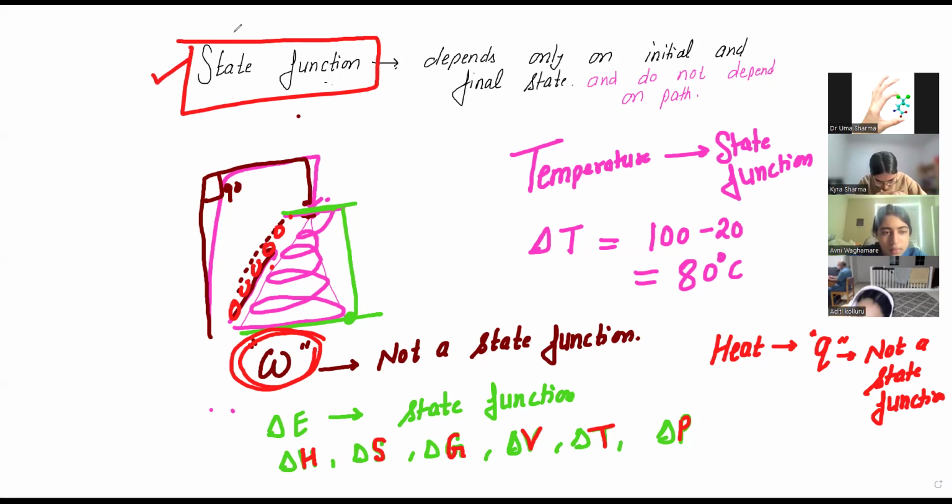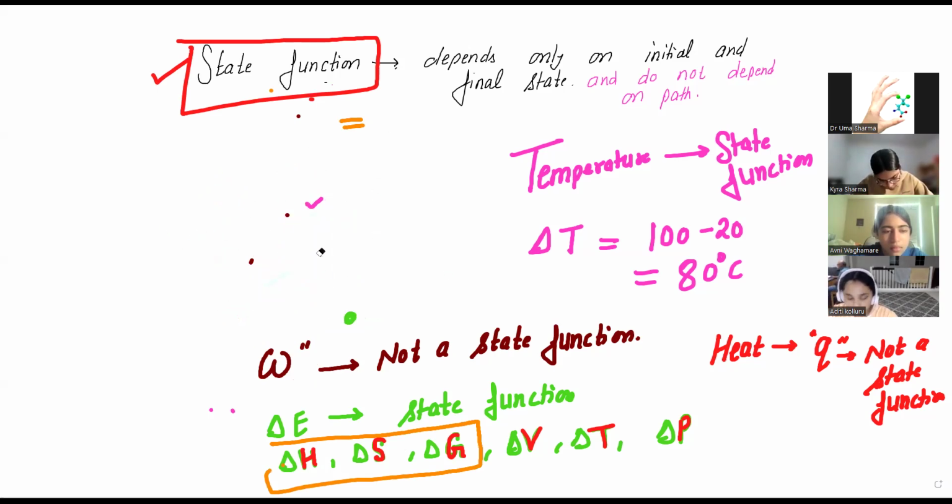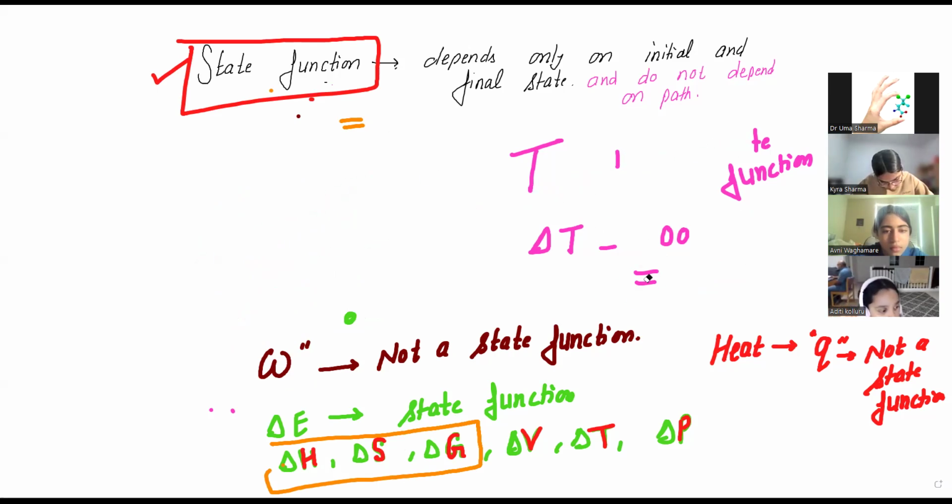It's very important because we are going to use the state function concept as Hess's law, which means you can use any path to calculate the delta H of the reaction. The same is valid with all of them. All the equations for the state function are always final minus initial. So I'm going to show you something here. You can write it down because we'll be using it a lot in our questions.